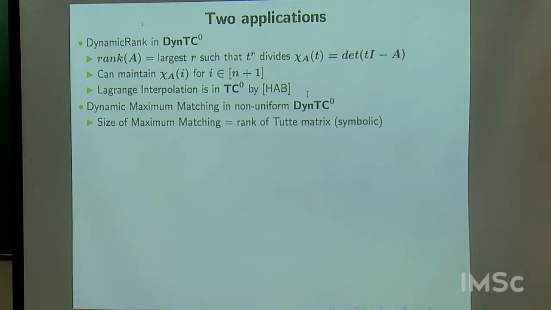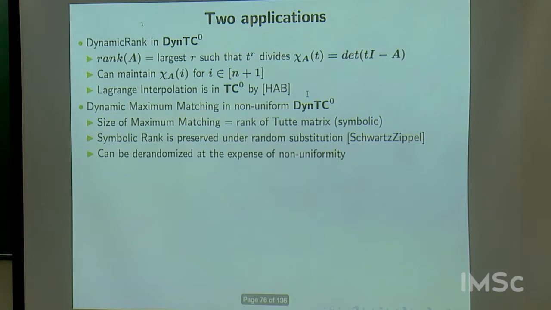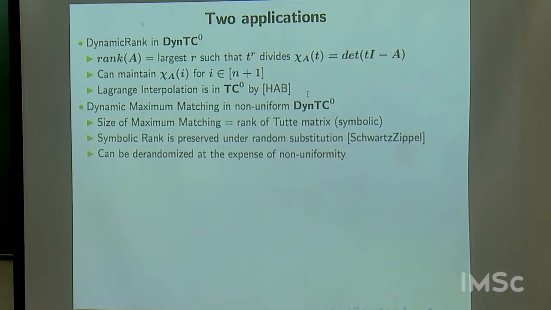We know that the size of a maximum matching is the rank of the Tutte matrix, the symbolic rank of the Tutte matrix. Symbolic rank is preserved under random substitution by Schwartz-Zippel, and it becomes the rank of the matrix, and this can be de-randomized at the expense of non-uniformity. So by introducing non-uniformity, you can make it deterministic, so to say.